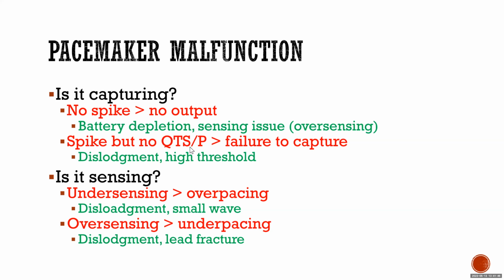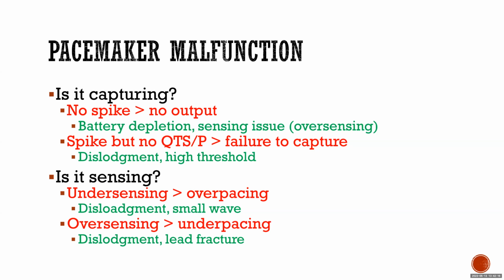If there's a spike but no capture, so failure to capture, this could be dislodgement. Maybe the lead moved. This is most commonly acutely after the procedure, within up to 6 weeks. If the lead moved, it used to be attached to the myocardium, but now it's not. It's floating in the ventricle.